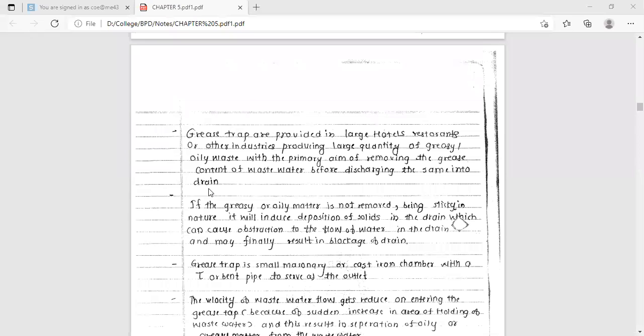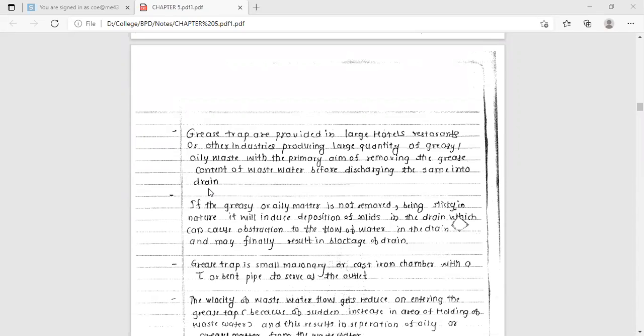Okay, so to avoid that, we have to go for the provision of the grease trap in hotels or big restaurants, or wherever we are performing work related to grease or oil.